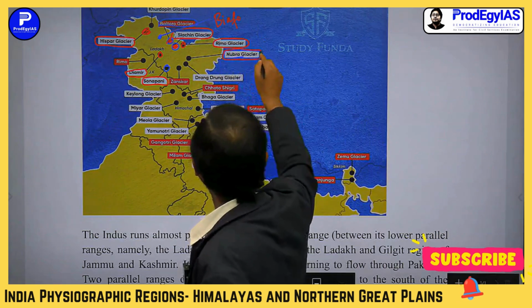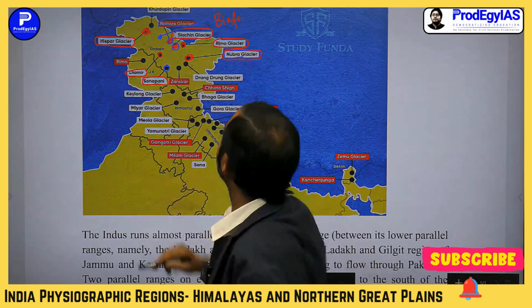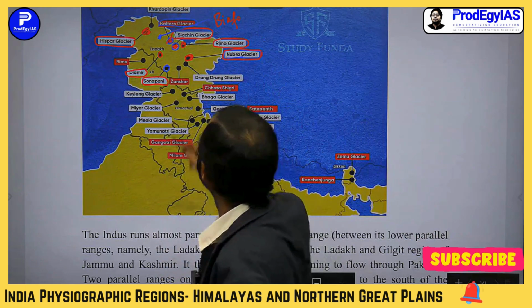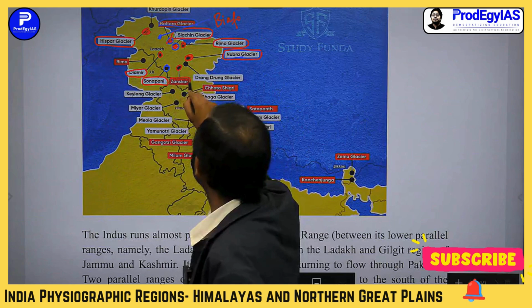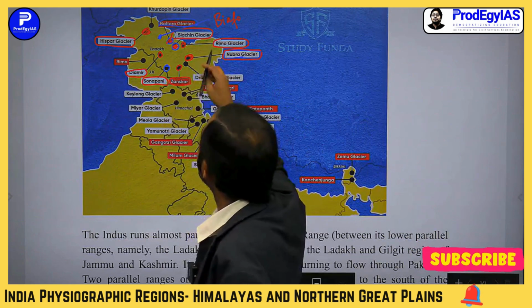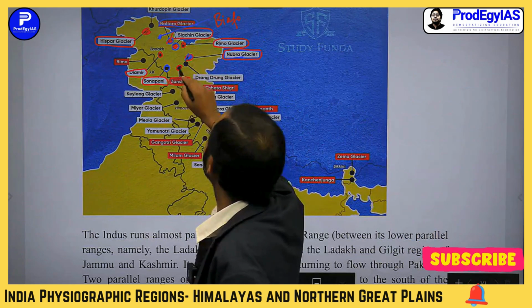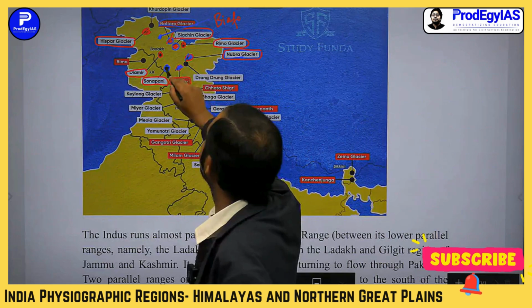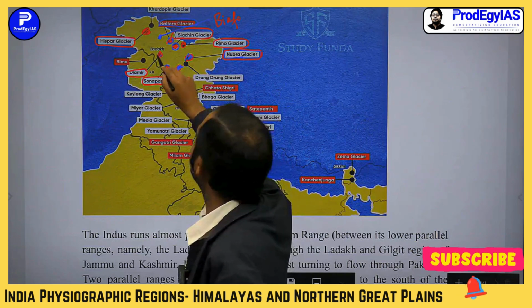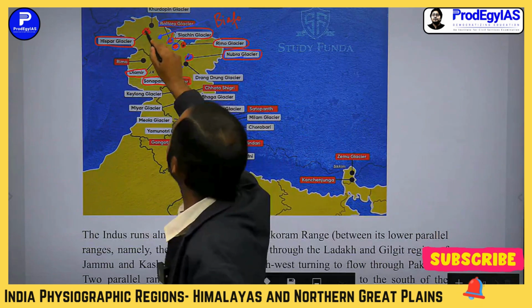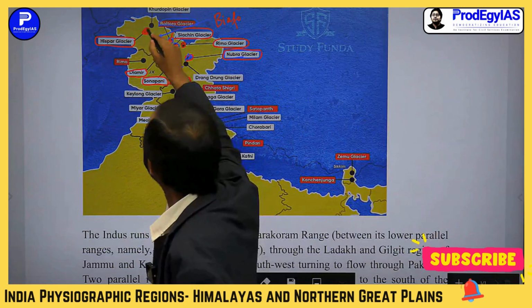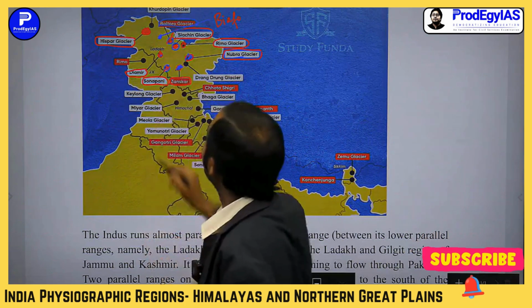This Nubra Glacier, this Janskar Glacier. I am shading these glaciers which are important. Remo Glacier.